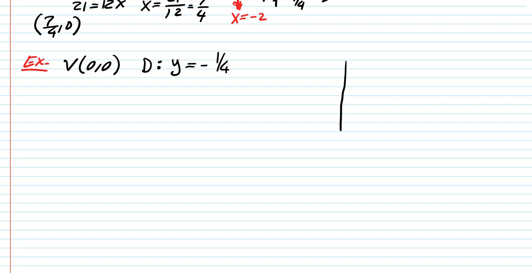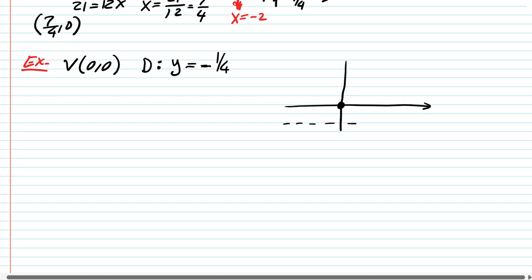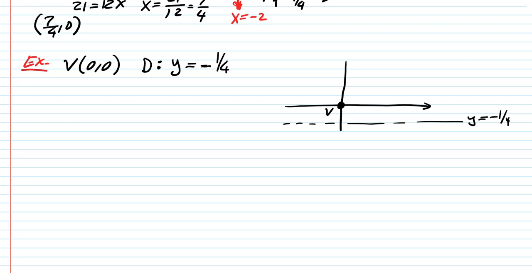So the geometry of this, based on just what I'm given here: vertex 0, 0, directrix is the line y equals -1/4. That's a horizontal line, right? And this is y equals -1/4. This is the vertex. So that distance is going to be P, isn't it? Vertex is at 0, 0, correct?